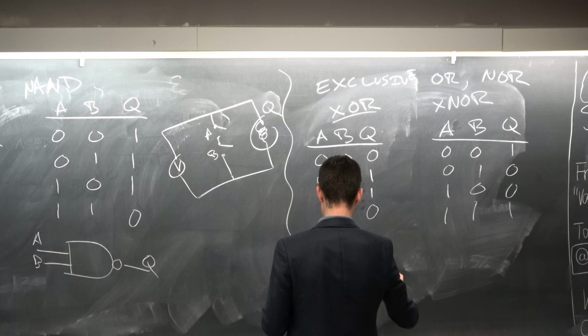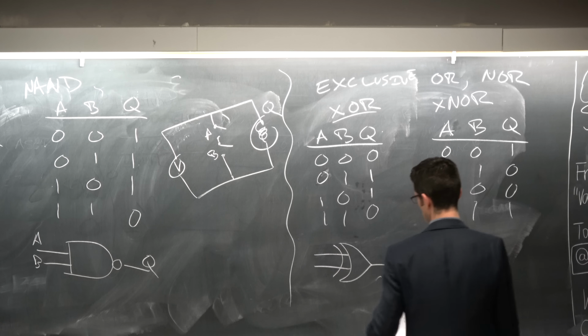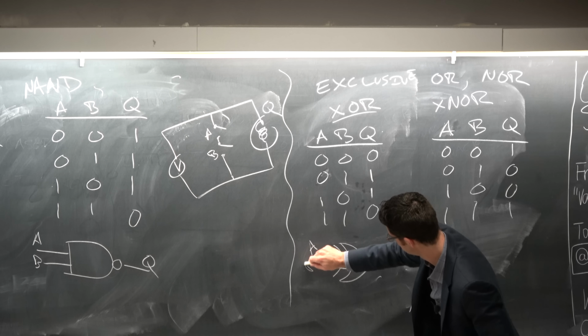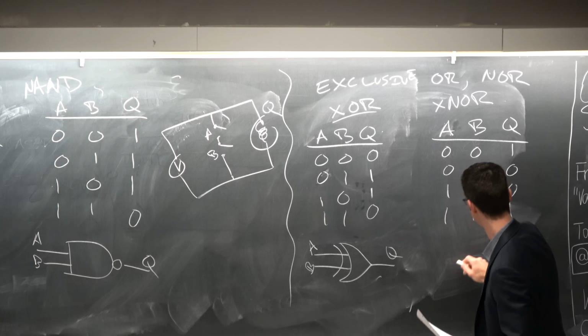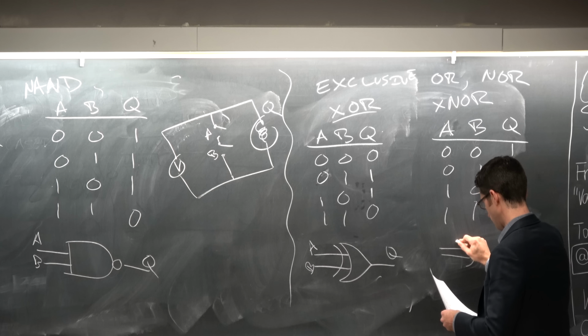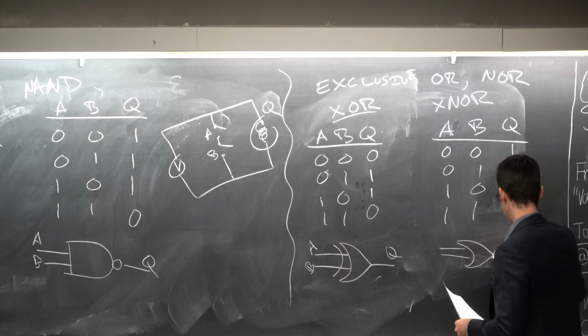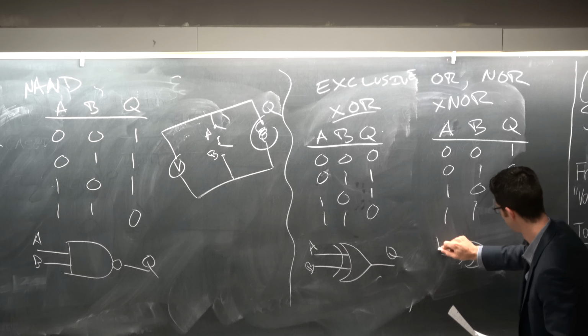So we have the Starfleet symbol plus some speed lines, or a spoiler. It's going real fast now. And then XNOR is the Starfleet symbol with the circle at the end and with the spoiler.